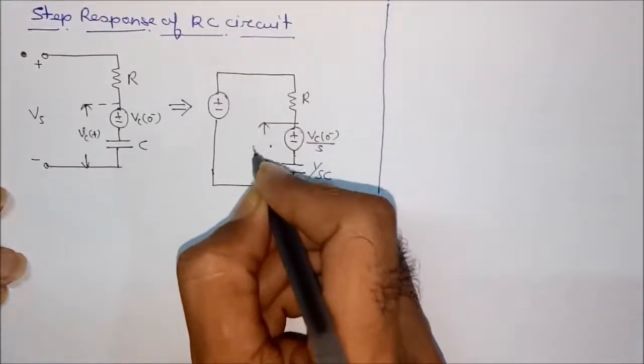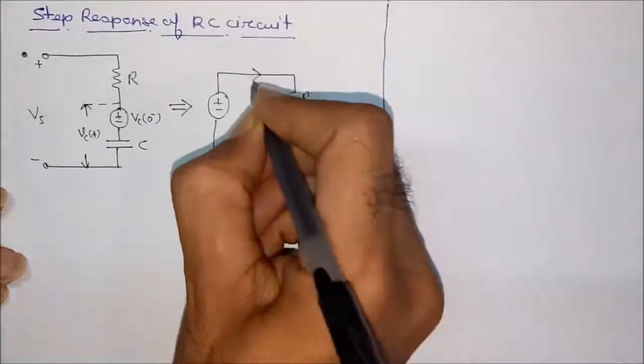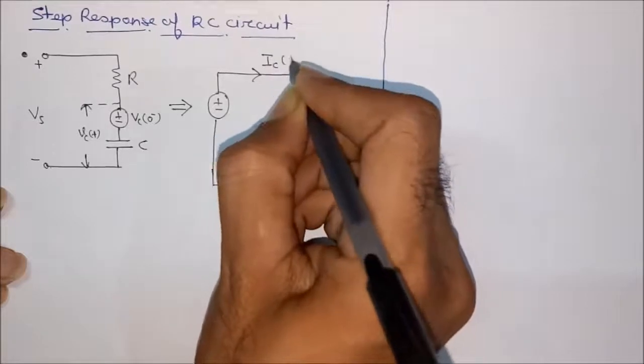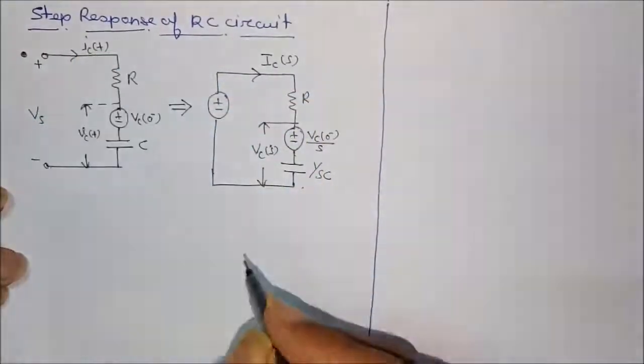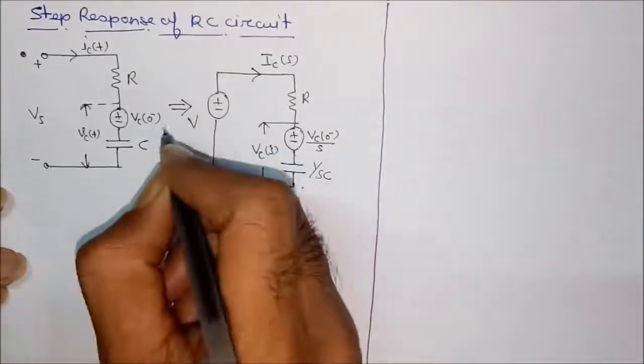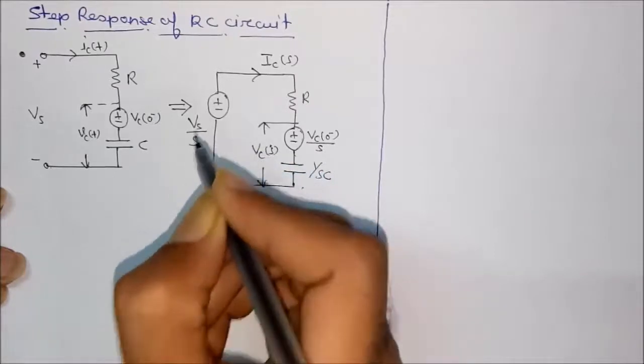This one is Vc(s). This one is R. This current is Ic(s), which was Ic(t). And this one is the step function. The Laplace of a step is 1 by S, that is Vs by S.